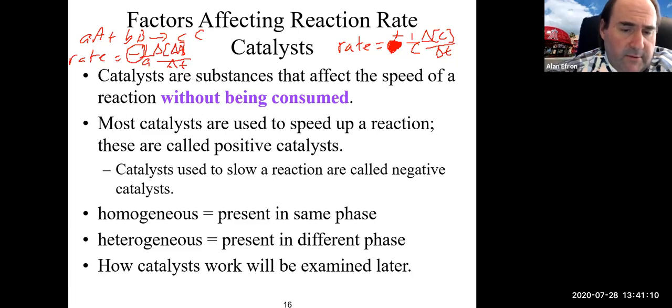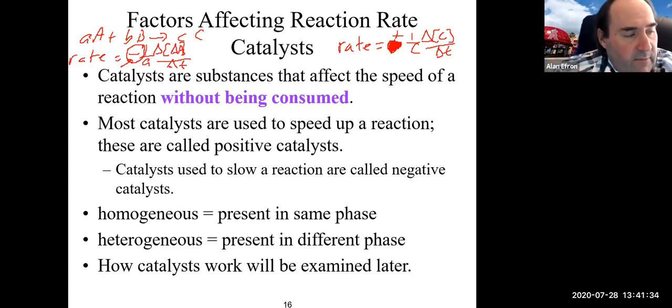And another reason why the reactants have that negative in front of it is, as we talked about last time, when our reactants are losing concentration, that means when you do the final minus the initial concentrations, you will get a negative number. And that negative number plus the negative that's in the formula here will turn those two negatives into a positive.